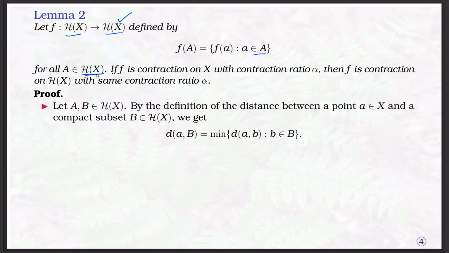H of X is the collection of all non-empty compact subsets of X, and if you take one element A from H of X, obviously this set is non-empty and compact.